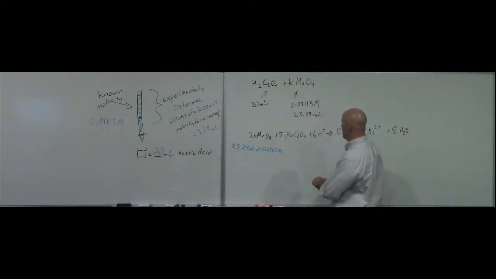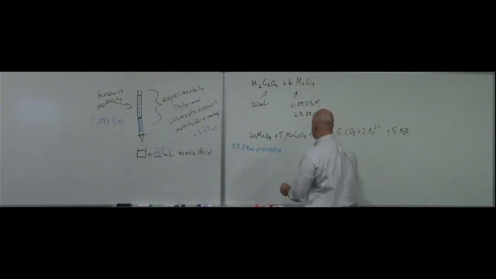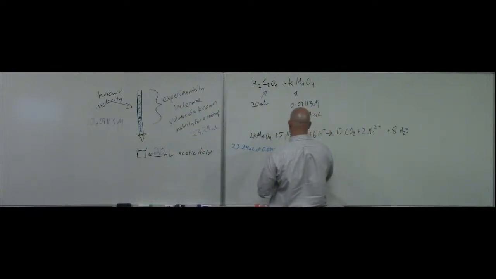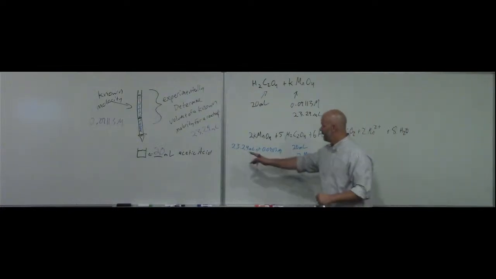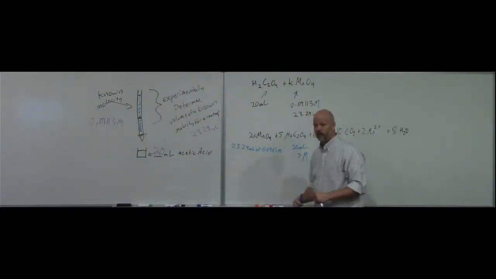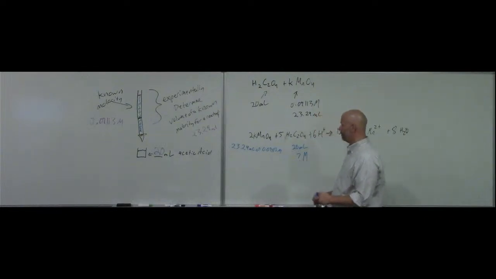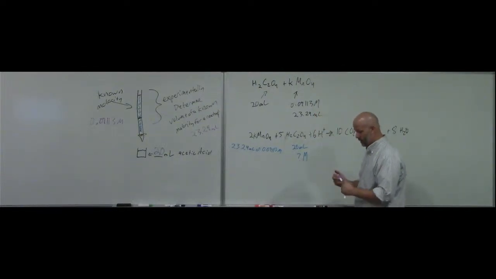I know that I begin with 20 milliliters of this. What I don't know is my molarity. So I'm solving for molarity here. Let's begin with this. How do I get started?